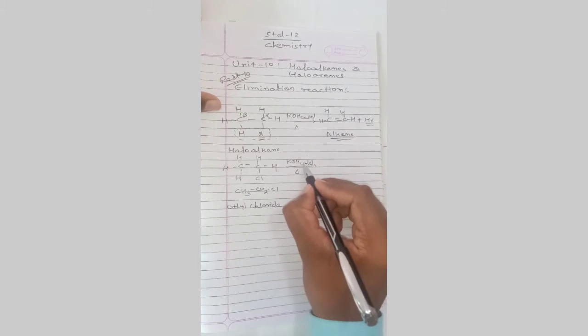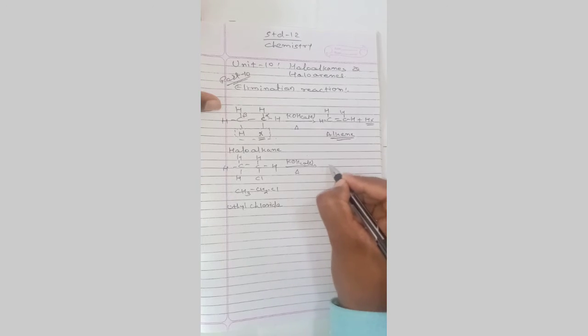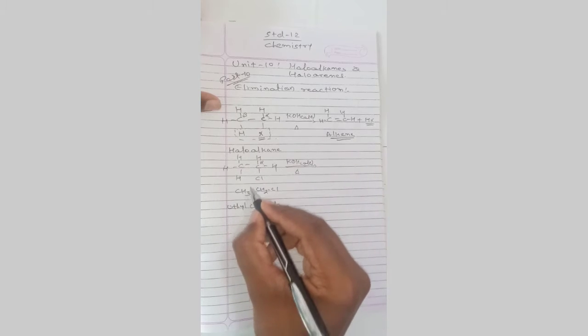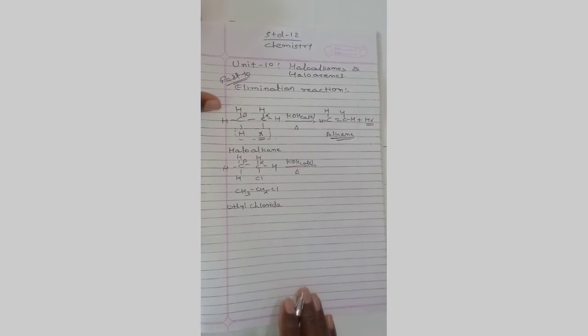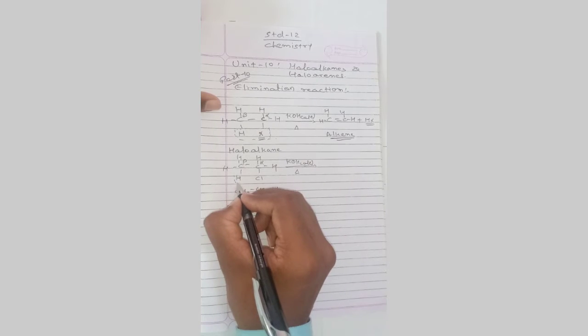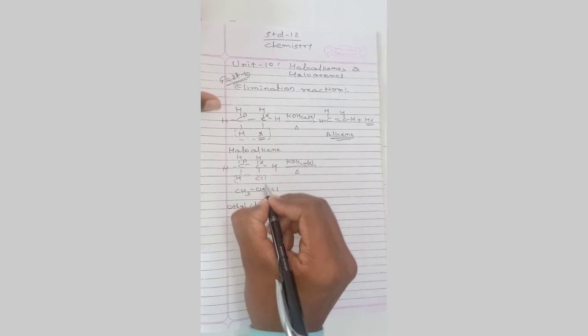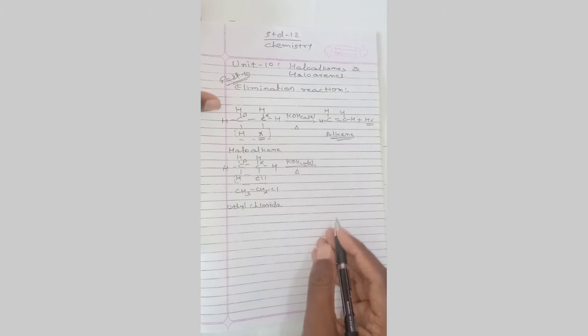This is very important, alcoholic KOH. This is the alpha carbon and this is the beta carbon. There is elimination of a hydrogen atom from beta carbon and elimination of the chlorine atom from alpha carbon.